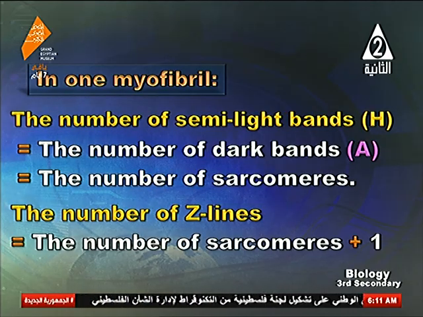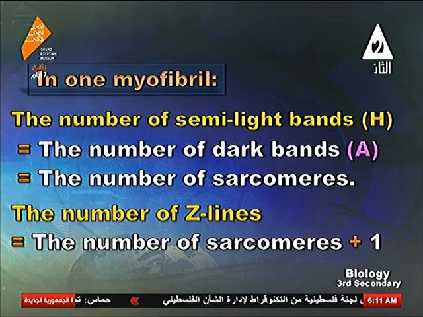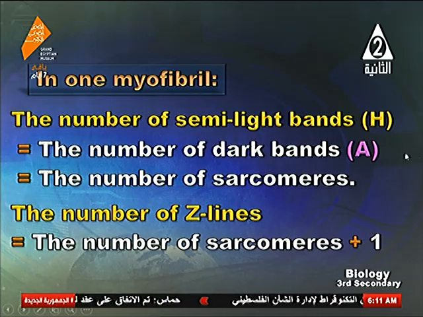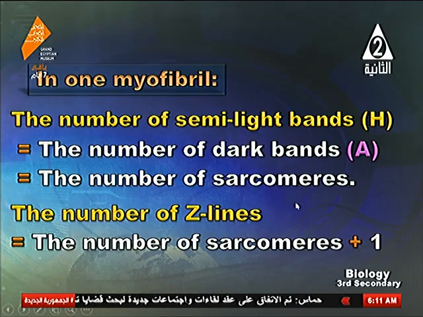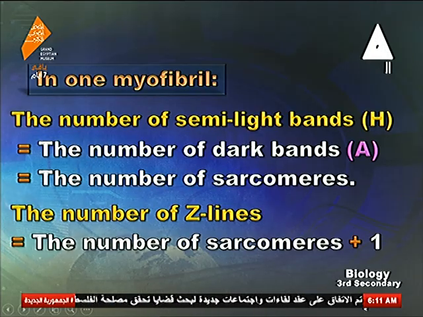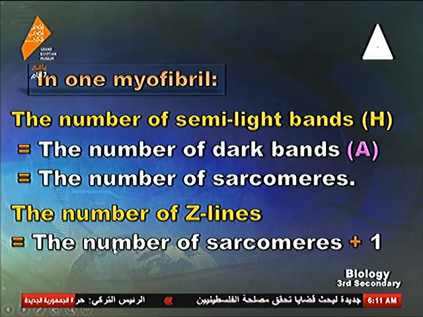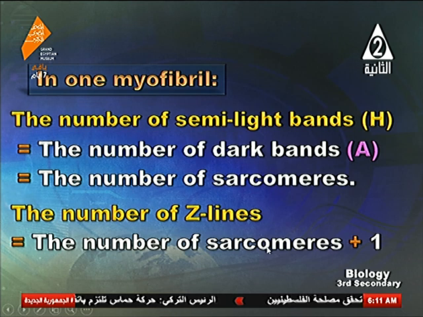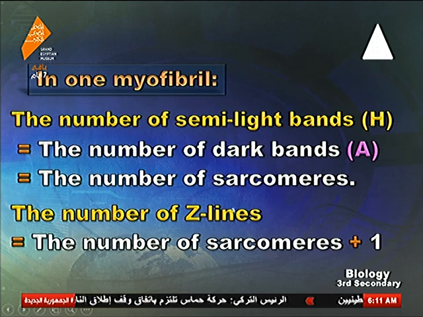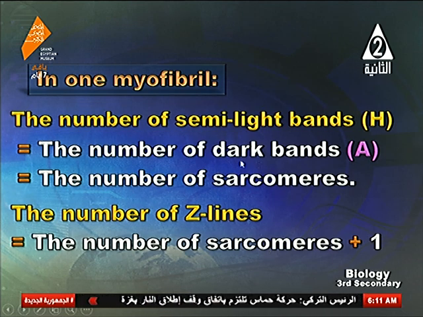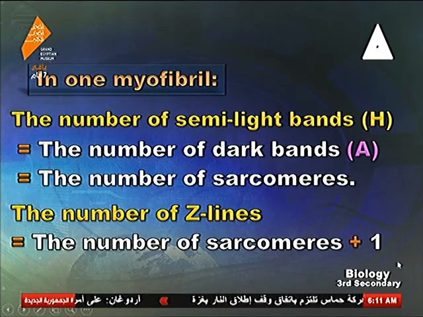If we would like to calculate the number of Z lines, we take the number of semi-light bands, or dark bands A, or sarcomeres, and add 1.